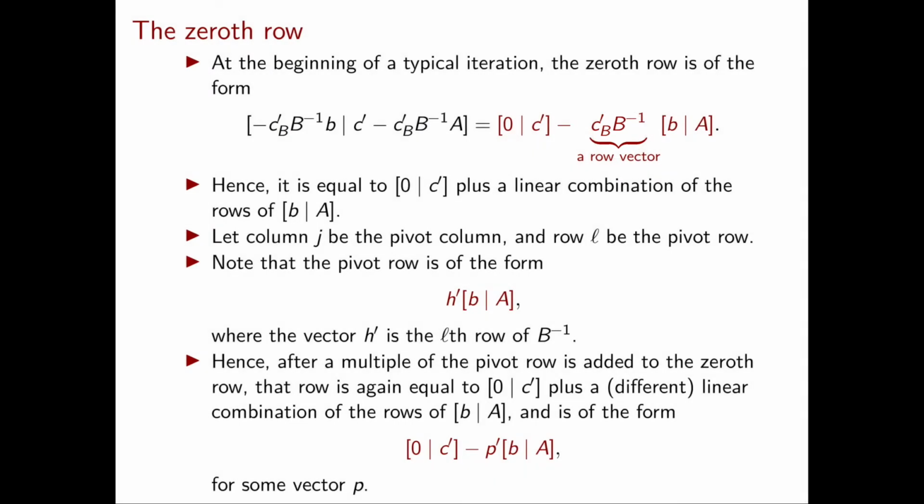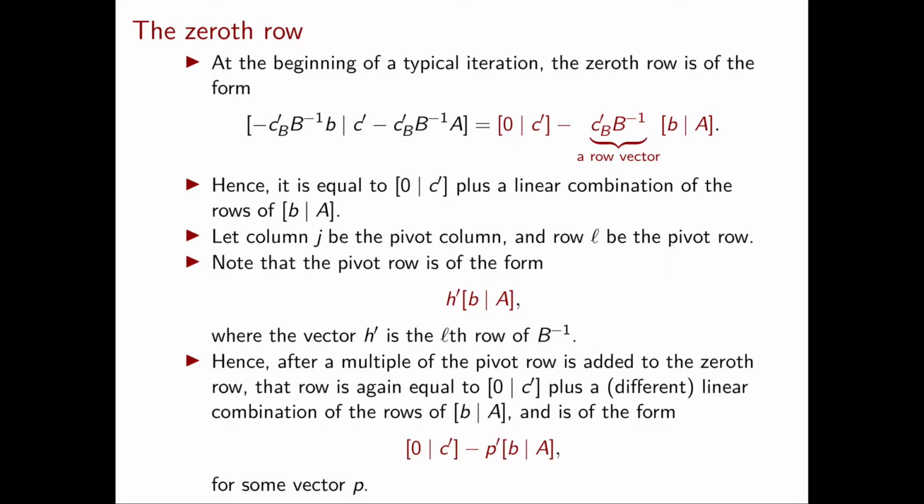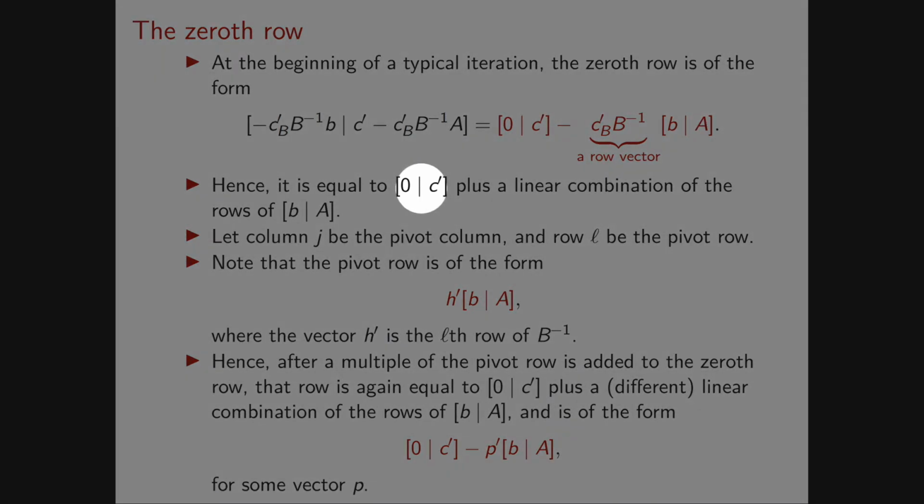The coefficients of such a linear combination are given by the entries of this row vector. Now, what I want to show you in this slide is that after performing the elementary row operations, in the 0th row we will still have a similar structure. Namely, the 0th row will be, again, 0 C transpose plus a linear combination of the rows of [b A]. The difference is that the linear combination will be different, but the overall structure of the 0th row will be the same.